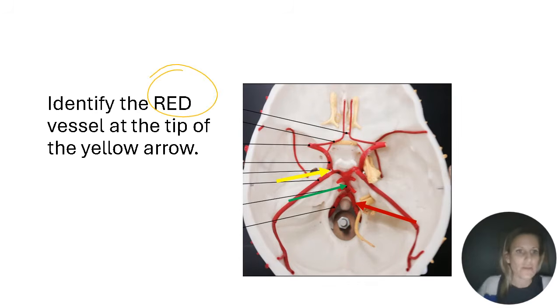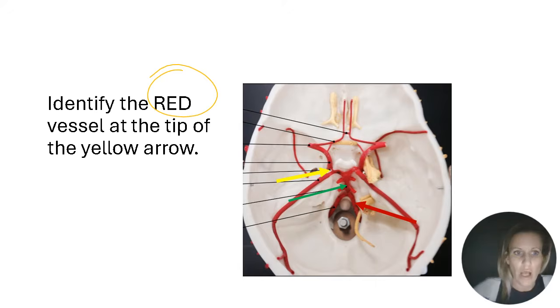Identify the red vessel at the tip of the yellow arrow. So this vessel is really difficult to see in a picture because it's really small and it's kind of between the other vessels. But what we're looking at right now is the vessels that are going to the brain. So we're actually looking in the skull. The top of the skull has been removed, so the brain would sit on top of all of this. You're looking at blood flow that's right underneath the brain.